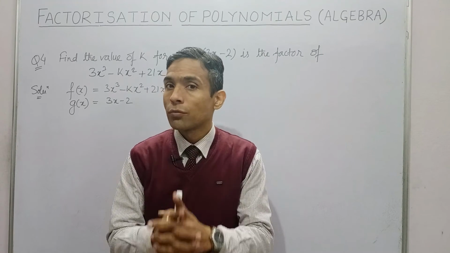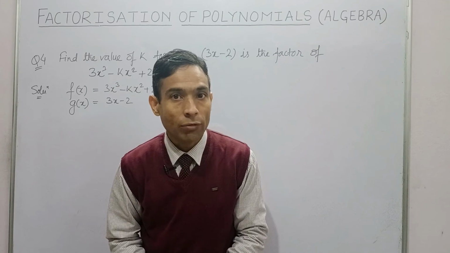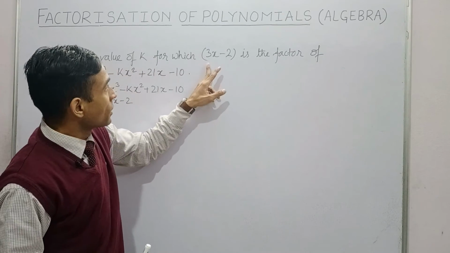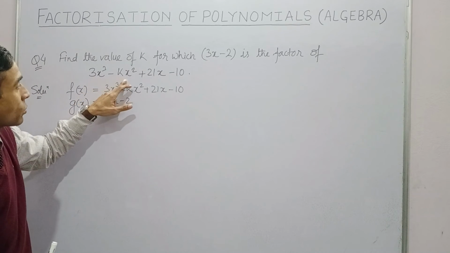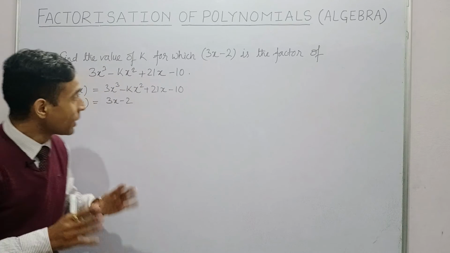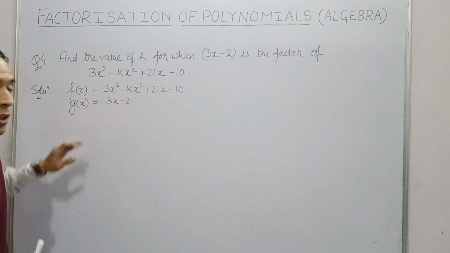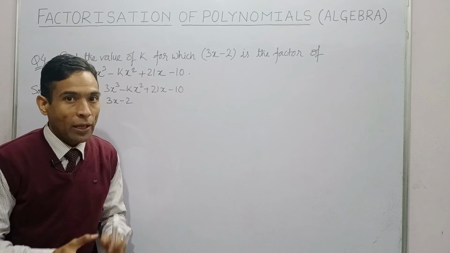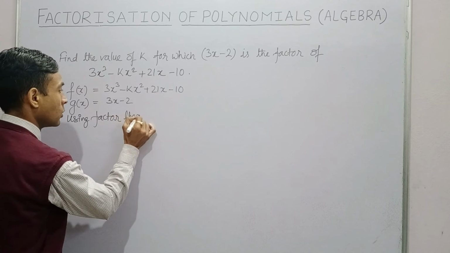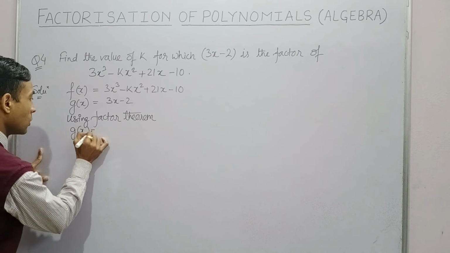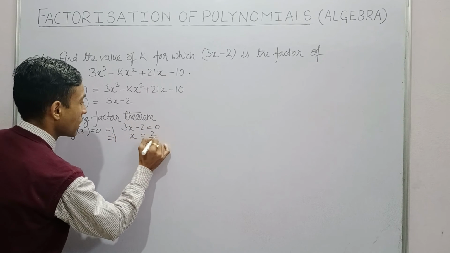In the fourth type of question, we have to find an unknown value in the polynomial for which a factor is given. Here the factor is 3x minus 2 and the polynomial is 3x cube minus kx square plus 21x minus 10. Let's take this polynomial as f(x) and 3x minus 2 as g(x). Now let's apply factor theorem. This gives x is equal to 2 by 3.